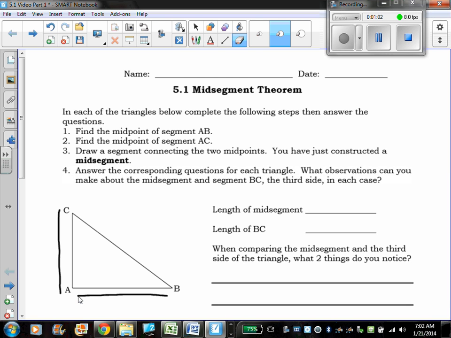There should be two things that you're finding about these mid-segments each time. So, what I would recommend doing is pause the video, get that ruler, try out this activity, and then keep watching this video when you're done. So, pause the video and get started on that.